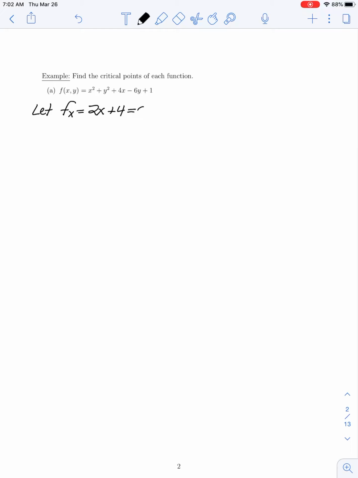So if we start with our partial derivative of f with respect to x, we have 2x plus 4, which we're going to set equal to 0, and our partial derivative of f with respect to y is 2y minus 6, which we also set equal to 0.